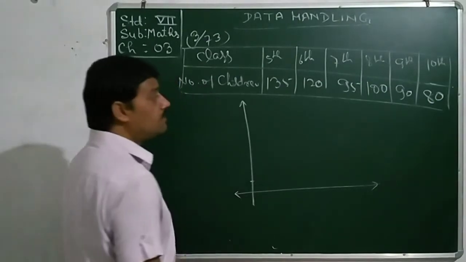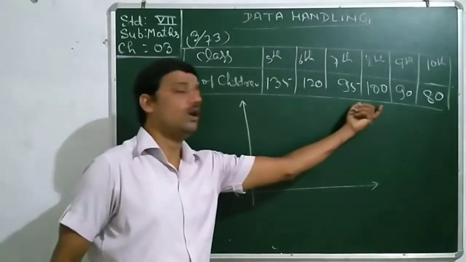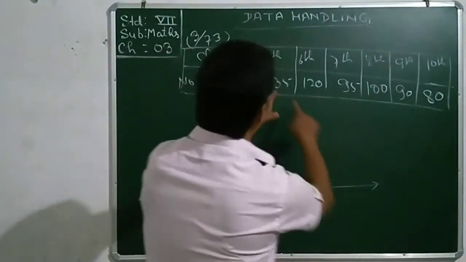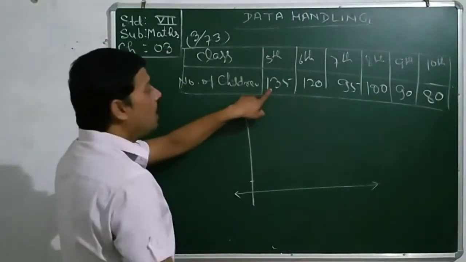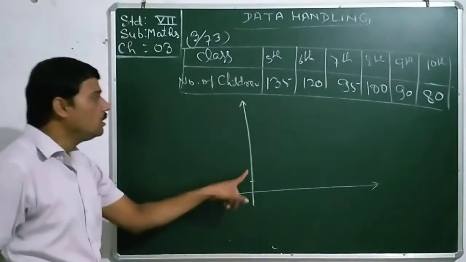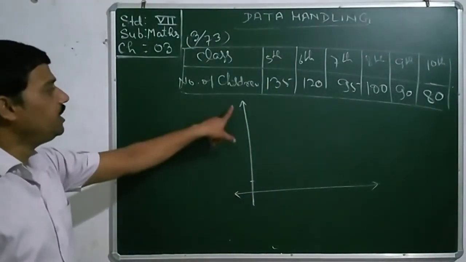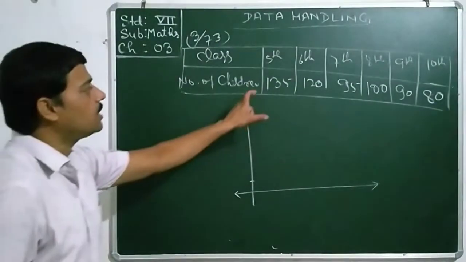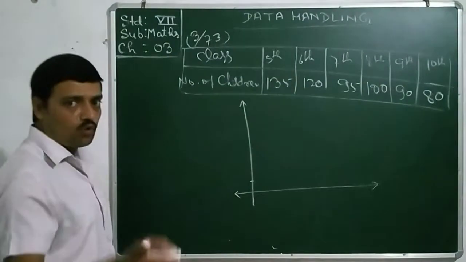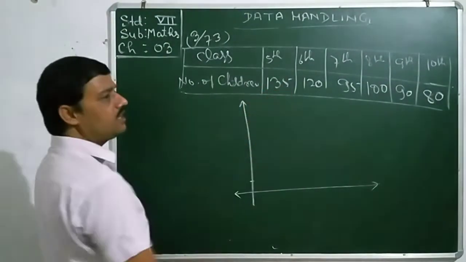The number of children has gone up to 135, and if you choose the scale of 10, then we need to write at least 14 numbers here so that we can reach 135, since 14 tens are 140, and 135 is less than 140.